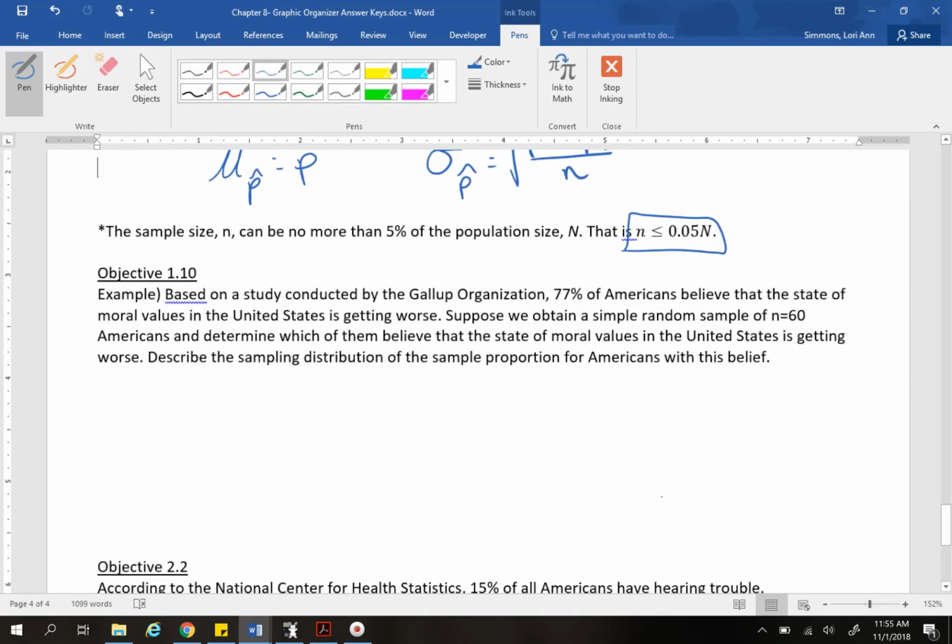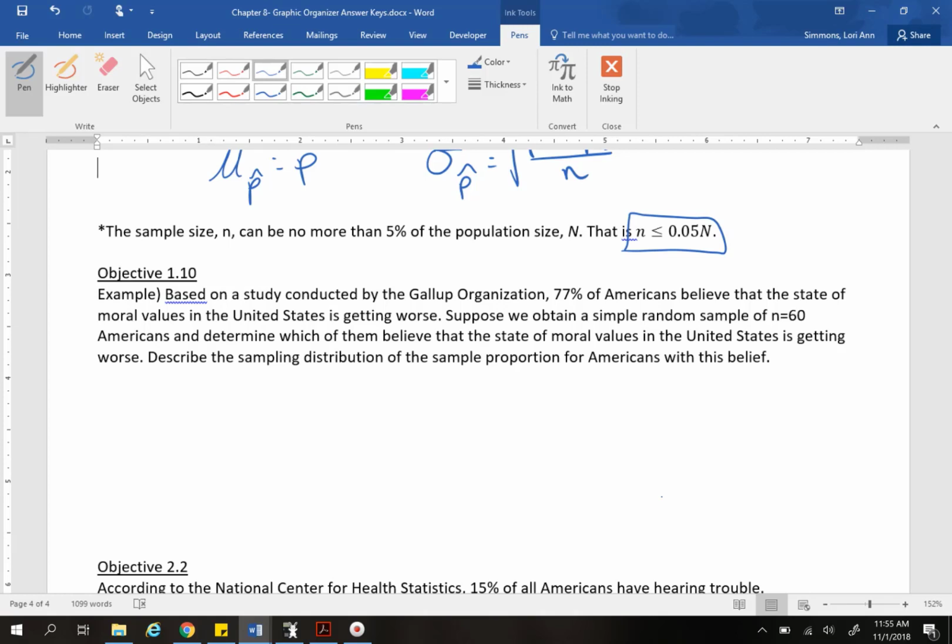Let's look at an example. Based on a study conducted by the Gallup organization, 77% of Americans believe that the state of moral values in the United States is getting worse. Suppose we obtain a simple random sample of n equaling 60 Americans and determine which of them believe that the state of moral values in the United States is getting worse.